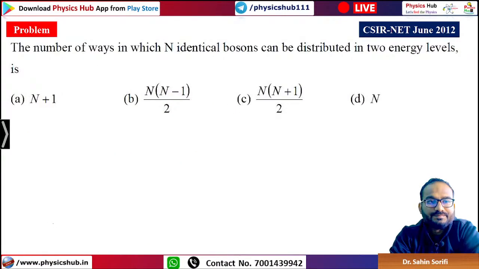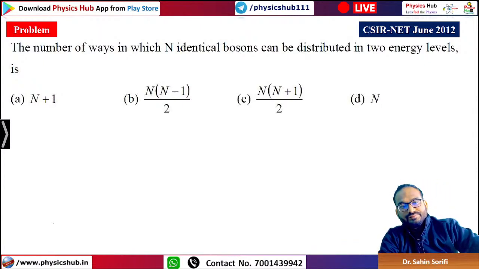Let me give you some problem. The number of ways in which n identical bosons can be distributed in 2 energy levels came in June 2012.